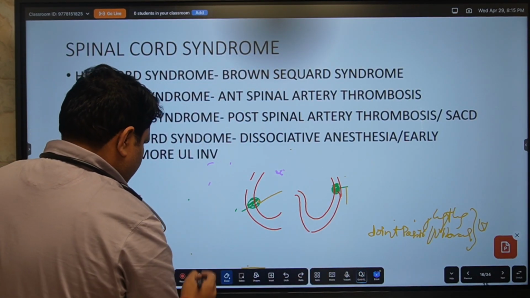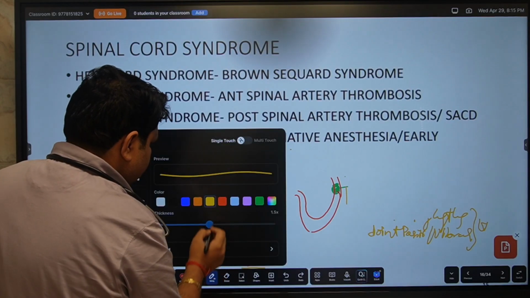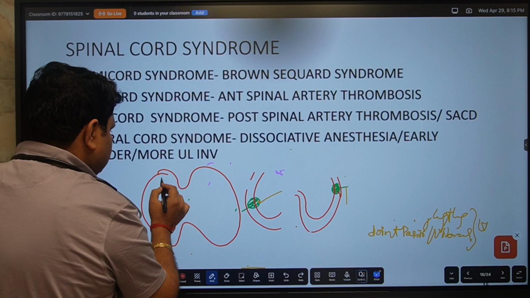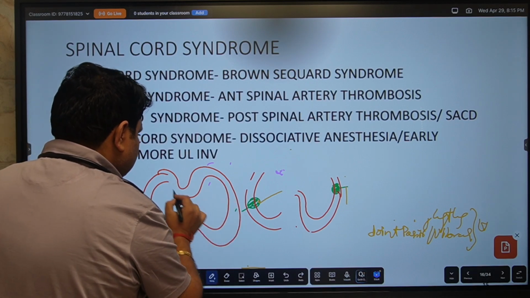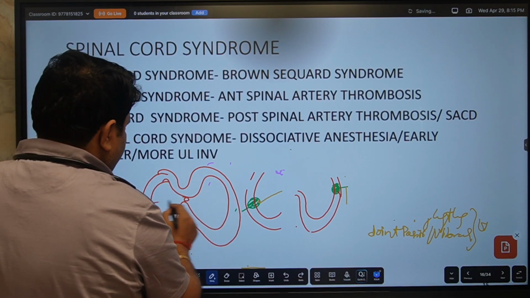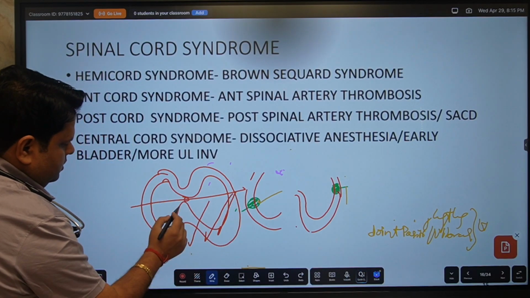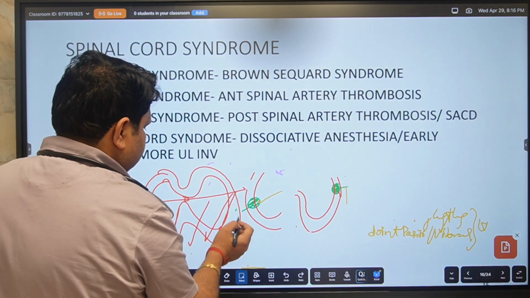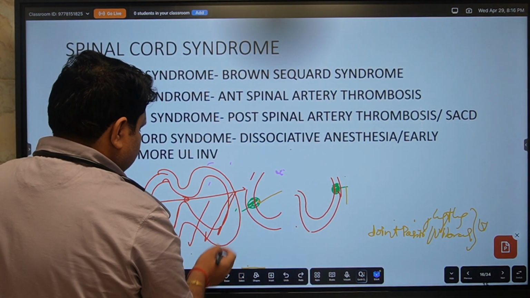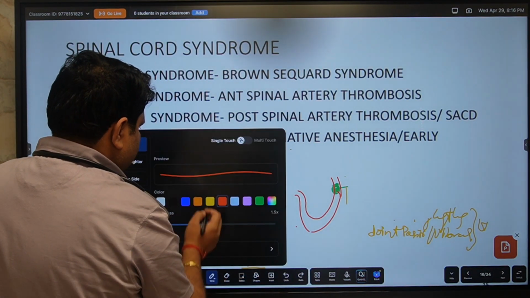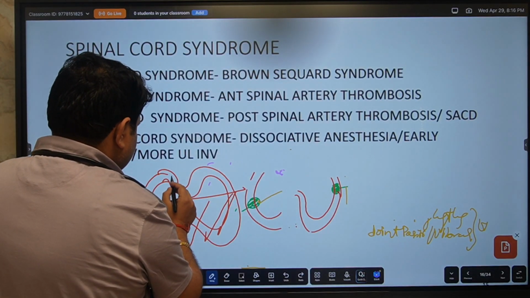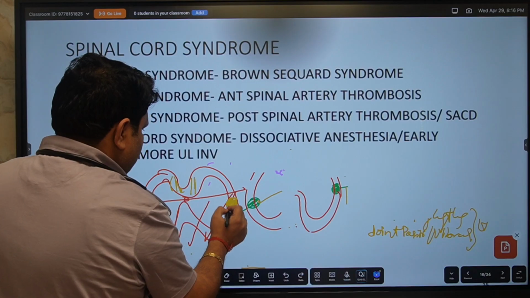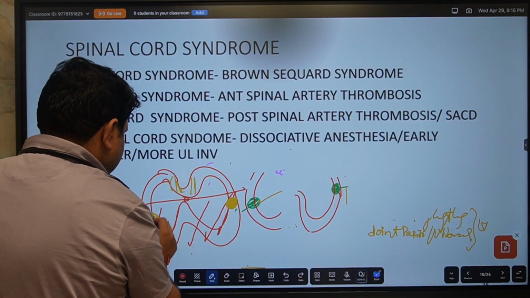If there is involvement of the anterior cord, this is the posterior column, this is the lateral corticospinal tract, this is the lateral spinothalamic tract.